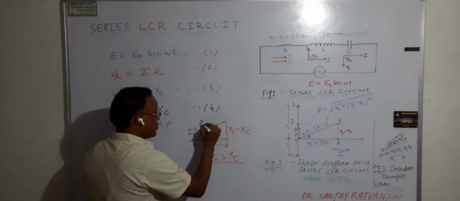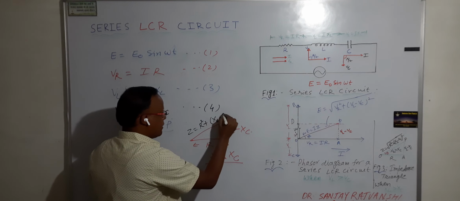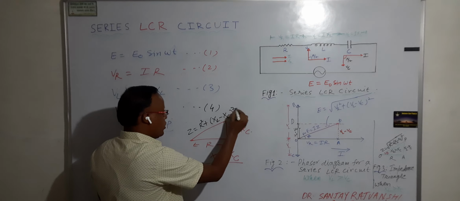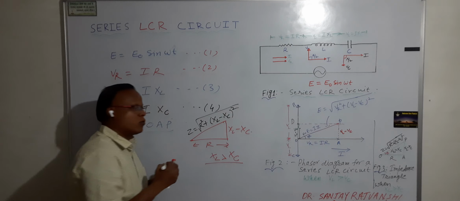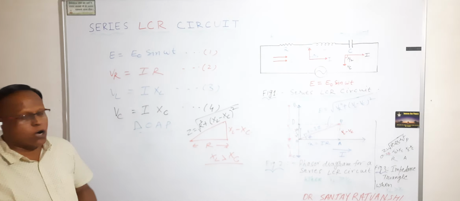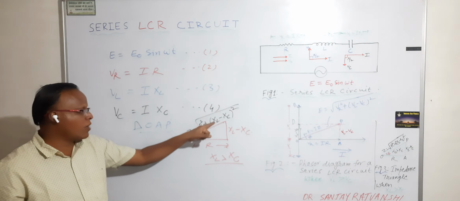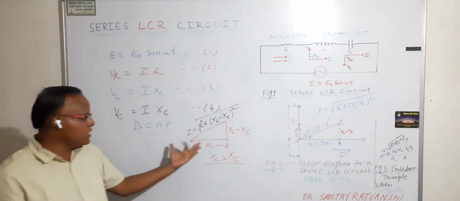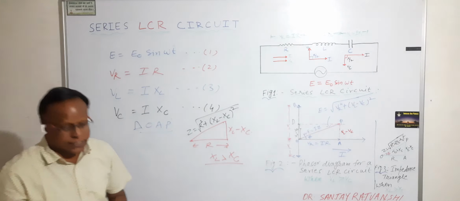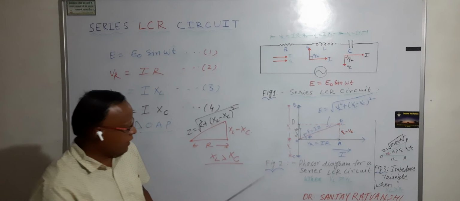So Z square is R square plus (XL minus XC) whole square. So Z is the square root of R square plus (XL minus XC) whole square. This triangle is known as the impedance triangle.